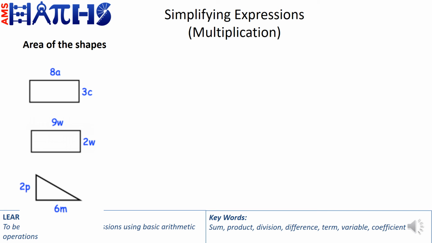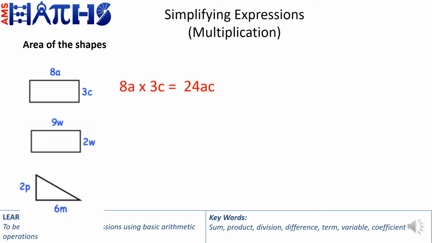So in the first example, our length is 8a, our width is 3c. So we only need to multiply them. So we would get 8a times 3c. So we multiply 8 times 3, which is 24, then a times c, which is ac. So our final answer is 24ac.